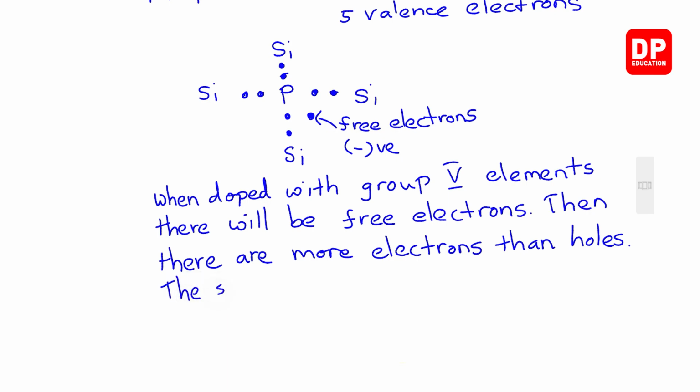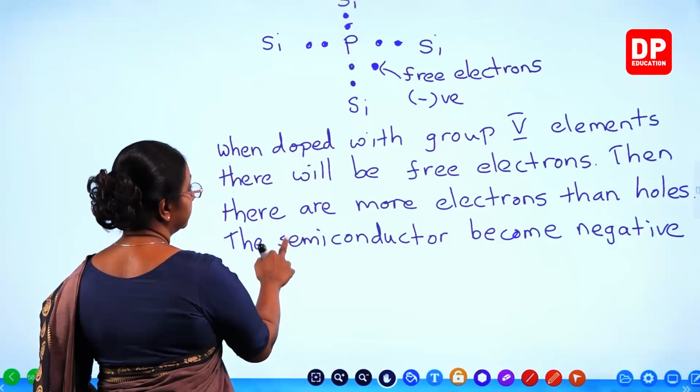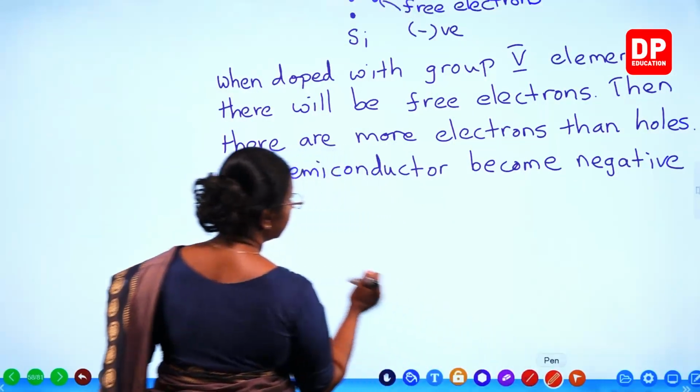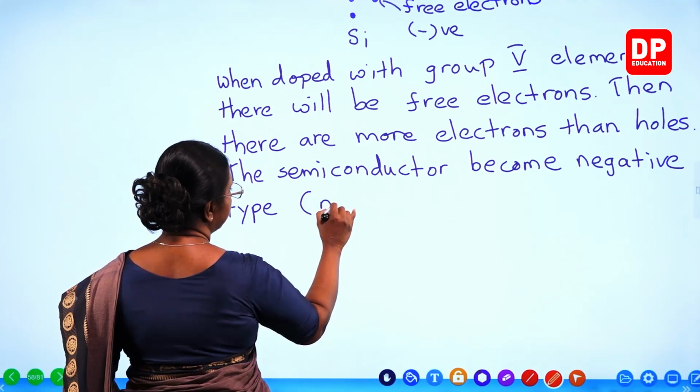The semiconductor becomes negative type, that is N-type.